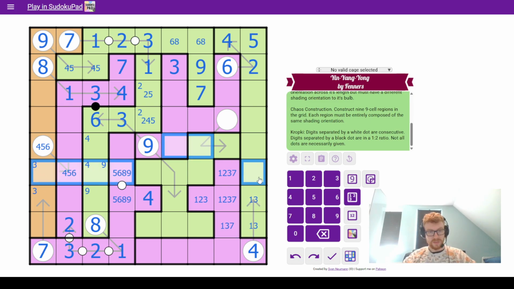So within these rows, we have all the threes basically allocated. So there cannot be a three in there, but there has to be a three in this region. It has to be in one of those two. Right? Sure. Yeah, that is true. So one of those is a three.